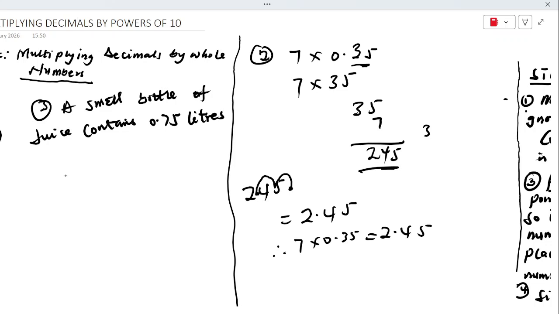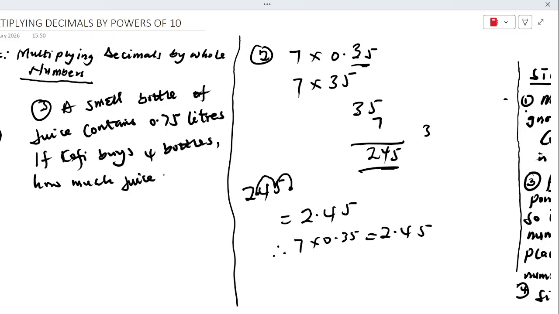If Kofi buys 4 bottles, how much juice does he have in total?